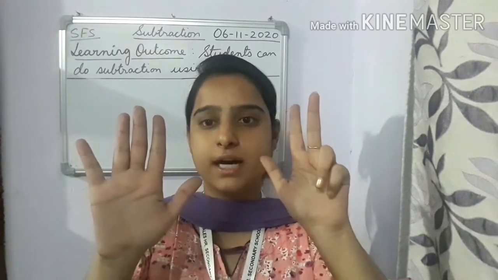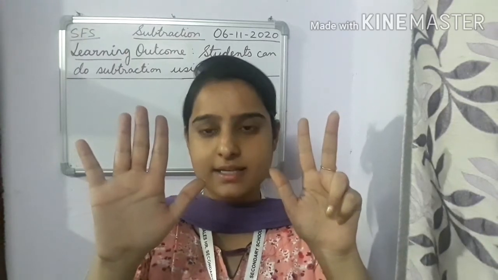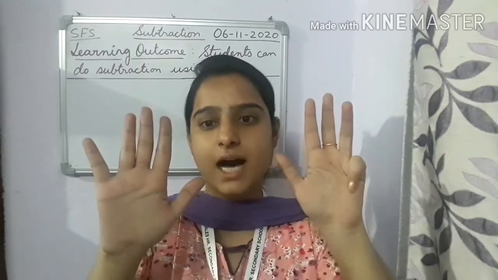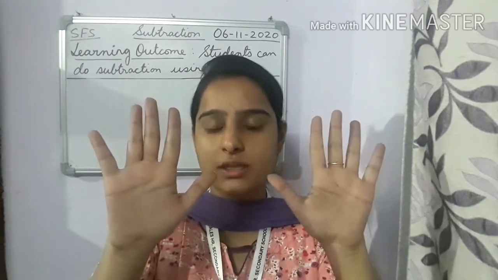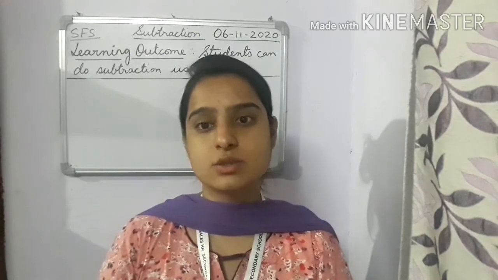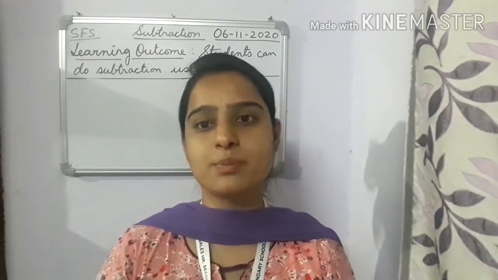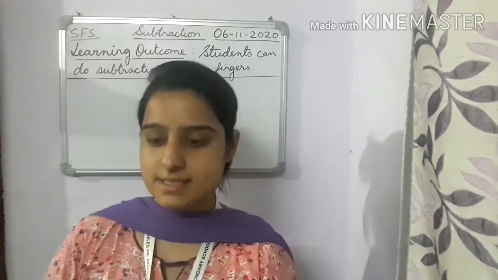Then if I open the other one, now it is 8 fingers, isn't it? Now 9 fingers. And if I open all the fingers of both the hands, it shows it is 10 fingers. Is it clear? So now we will do some of the questions on subtraction using fingers. So you can take out your maths copy, draw margin, write today's date, and let's start.